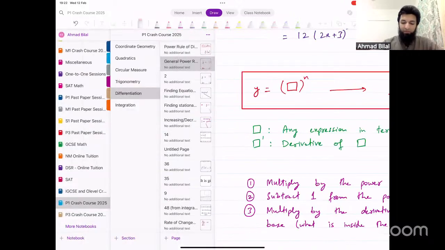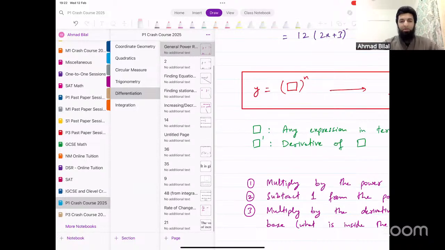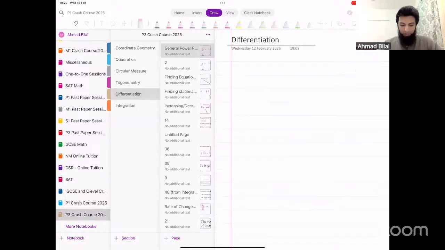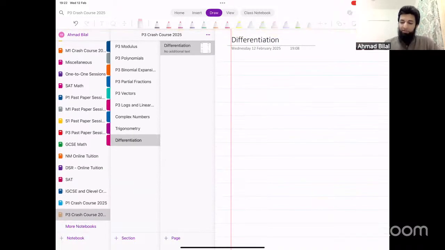And the rest of it was just applications of differentiation, right? Finding equations of tangents and normals, finding stationary points and their nature, increasing and decreasing function, rate of change and chain rule. In paper 3, we will still need to use all of those different applications of differentiation.